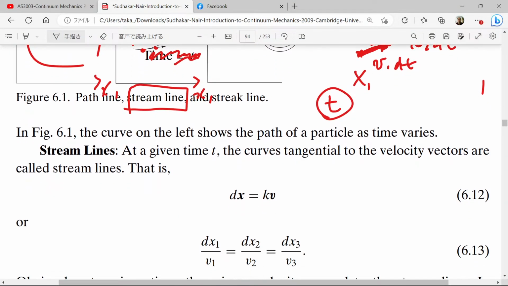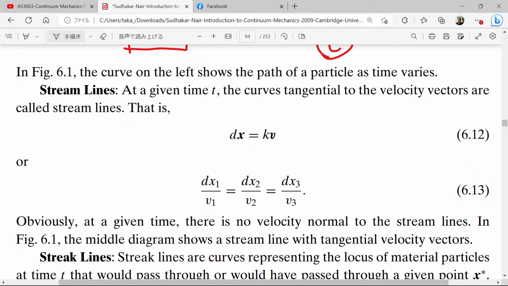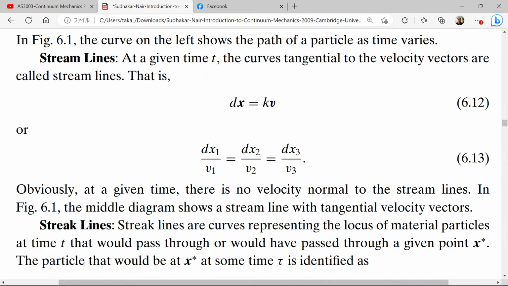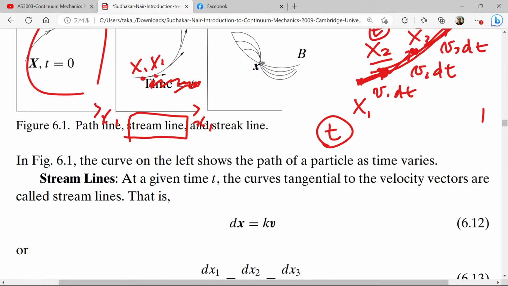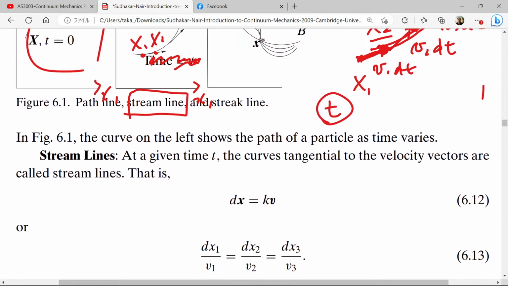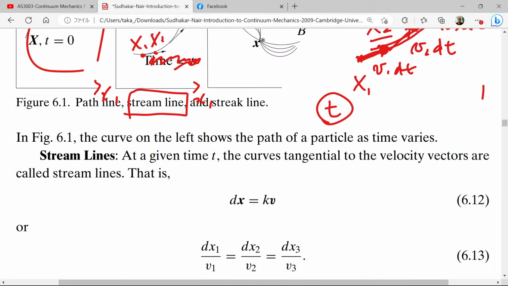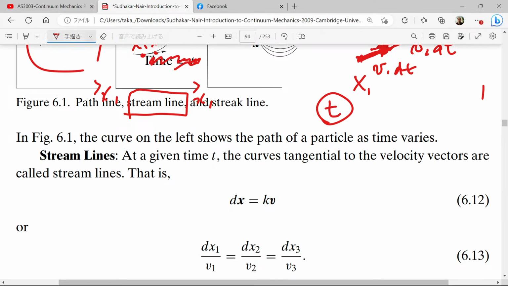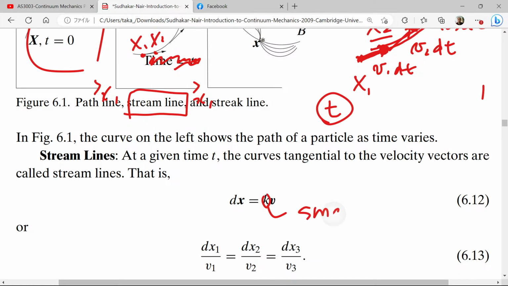So streamline at a given time t, the curves tangential to the velocity vector are called streamline. That is, dx is k v. k can be small. This is like time. I think k has to be small because this is more like dt or delta t.